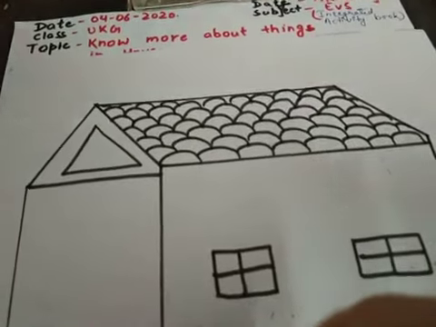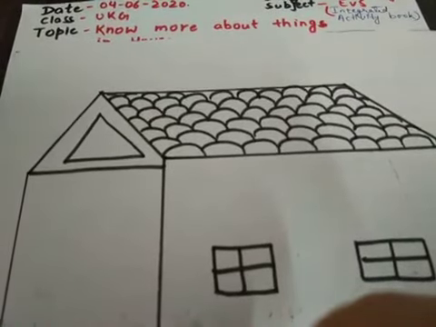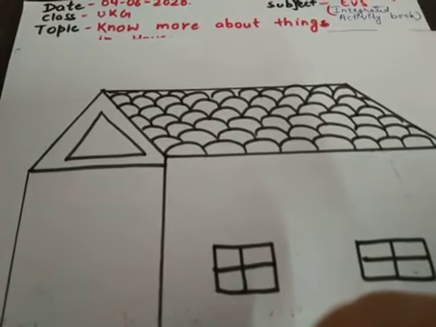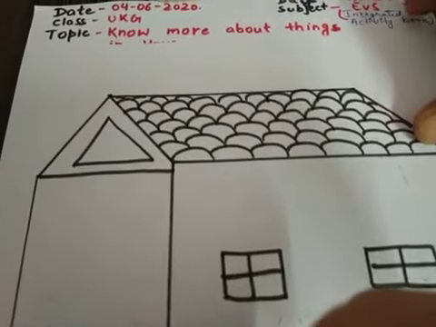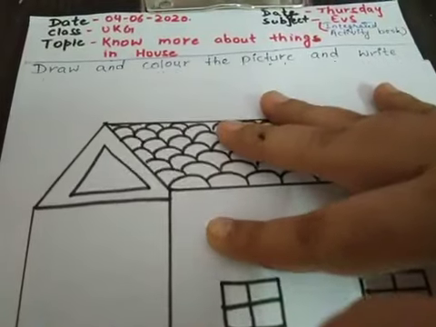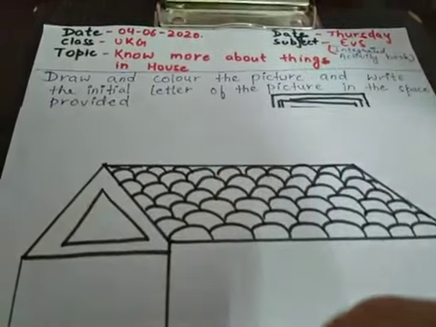Now I am going to check whether you know or you don't know about various things present in the house. I have drawn pictures that you have to draw in your copies.